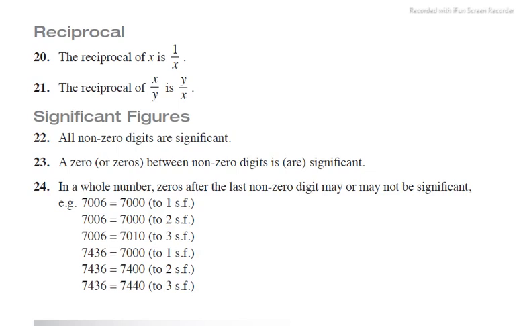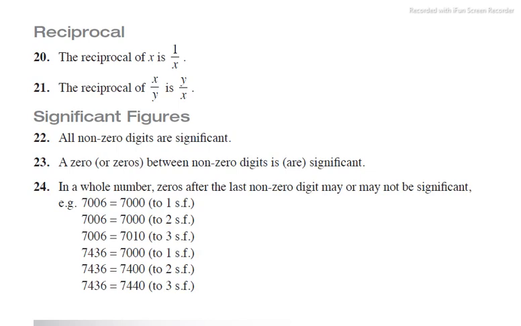That's why when we have 2, which is the same as having 2 over 1, and we get the reciprocal of that, it gives us 1 over 2. So the reciprocal of any whole number is 1 over that number.